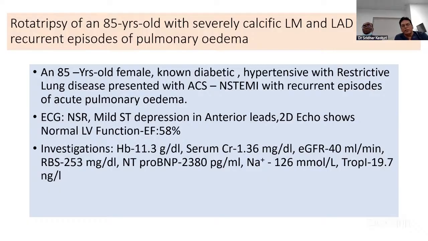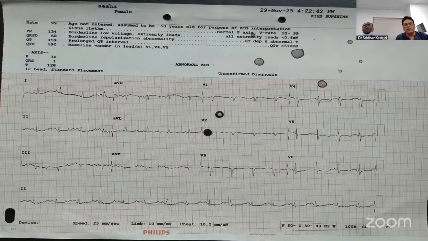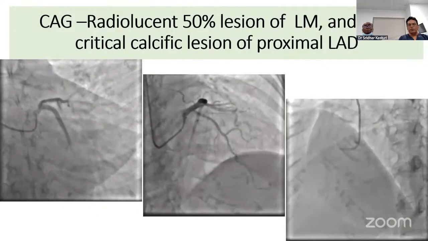Investigations: Hb 11.3 grams per deciliter, creatinine 1.36 milligram per deciliter, GFR 40 ml, RBS 253, and NT-proBNP elevated. You can see NT-proBNP and troponin I both are elevated. This is the ECG, with minimal ST depressions which even many females have, and no specific findings. Now you can see the angiogram pictures.